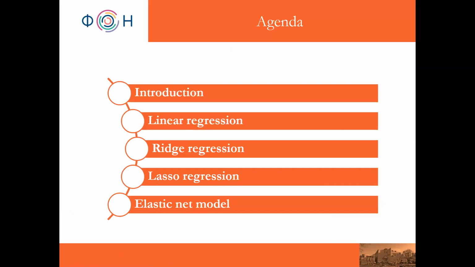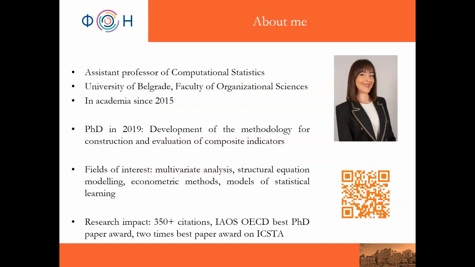Also, at the end, we're going to talk about the elastic net model, which is in fact a combination between ridge and lasso regression.